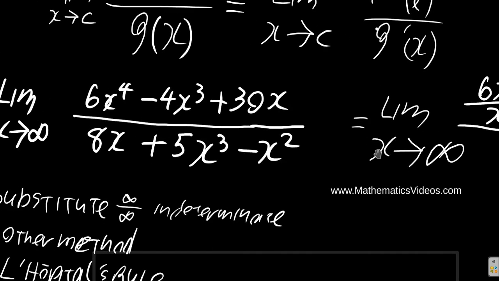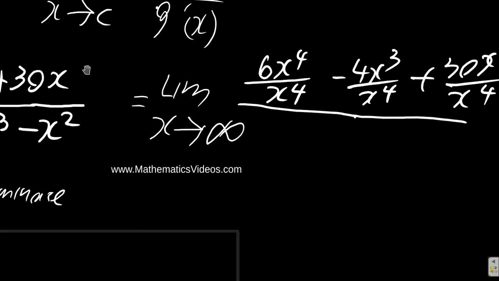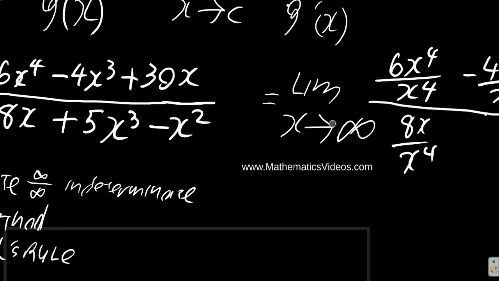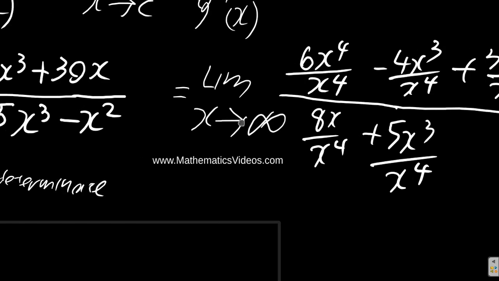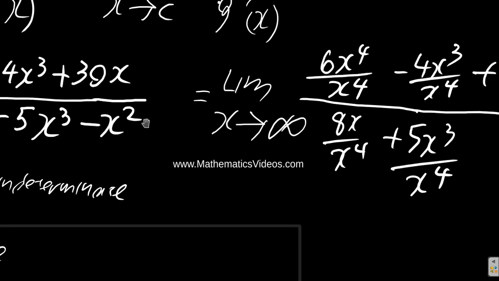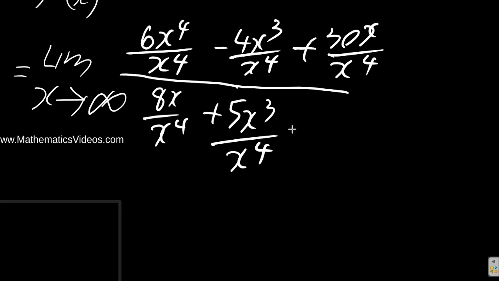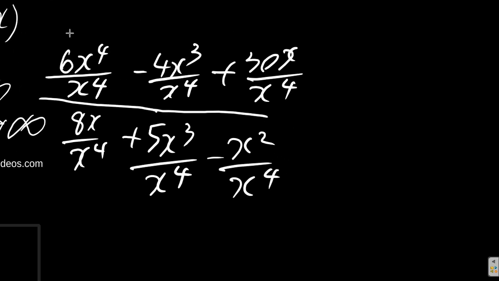It's 8x over x to the fourth, so you're dividing by 8x over x to the fourth plus 5x cubed over x to the fourth, and minus x squared over x to the fourth. So what would happen here? The x to the fourth will cancel itself.